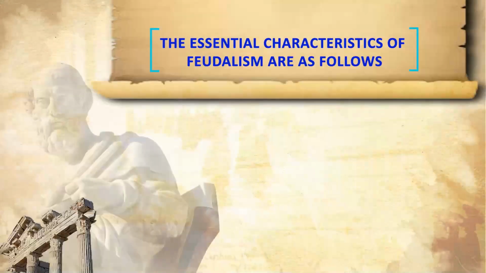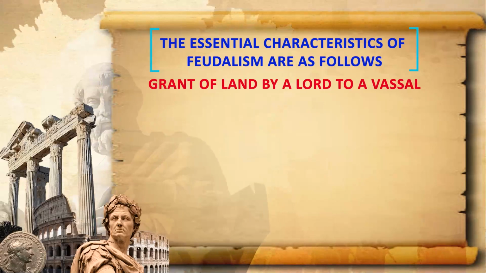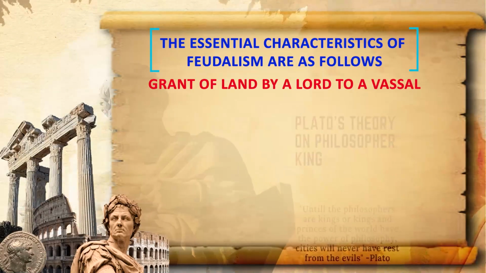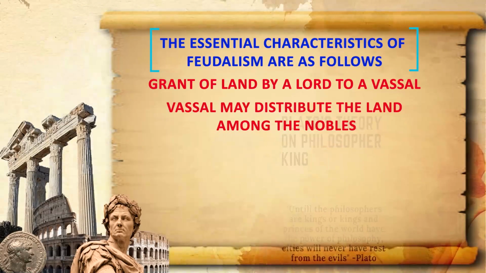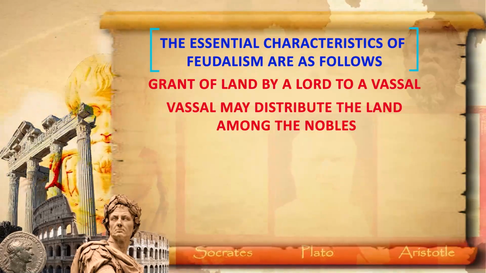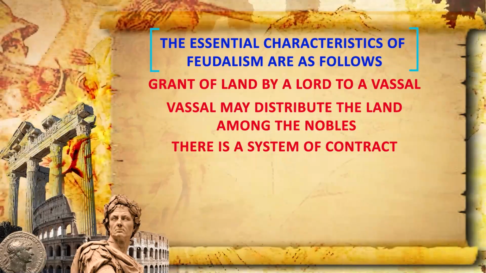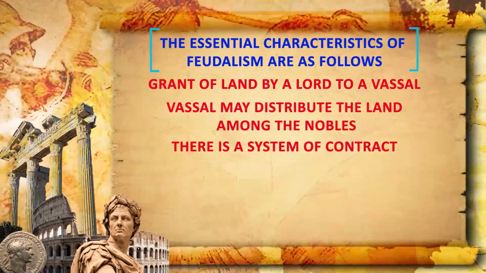The essential characteristics of feudalism are as follows. The grant of land by a lord to a vassal, then the vassal may distribute the land among the nobles. Then another characteristic is that there is a system of contract.